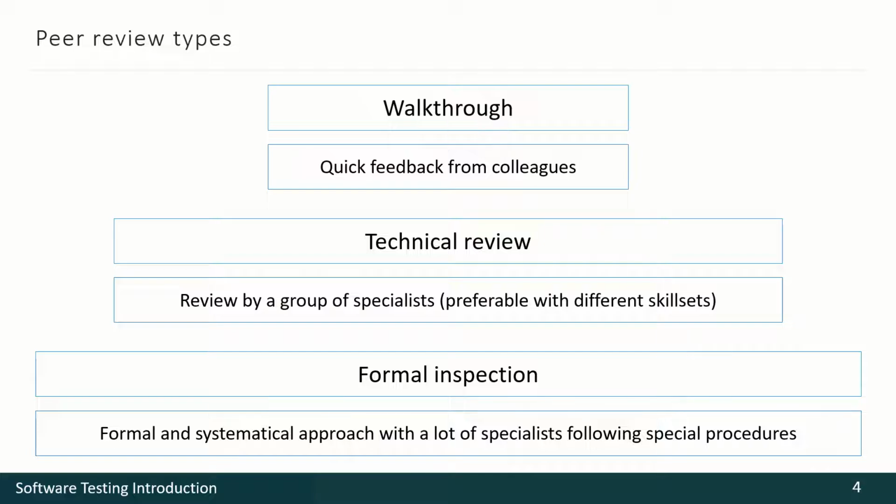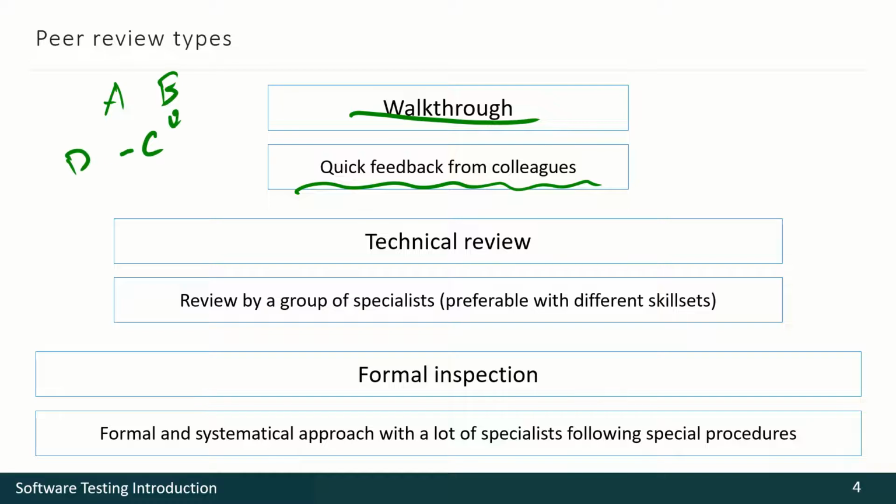In most documentation on software testing you may find three levels, three types of peer review. Let's start from the top, walk through. This is just a quick feedback from colleagues. That's the idea we mentioned a couple of seconds before. There is person A and person B and maybe person C, person D, so they may pass their work to each other and then get it back from the reviewer.